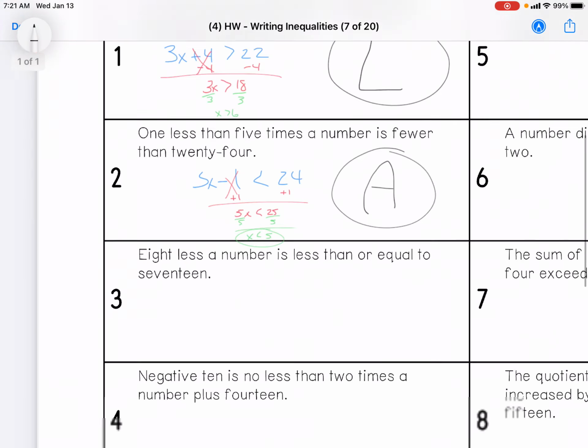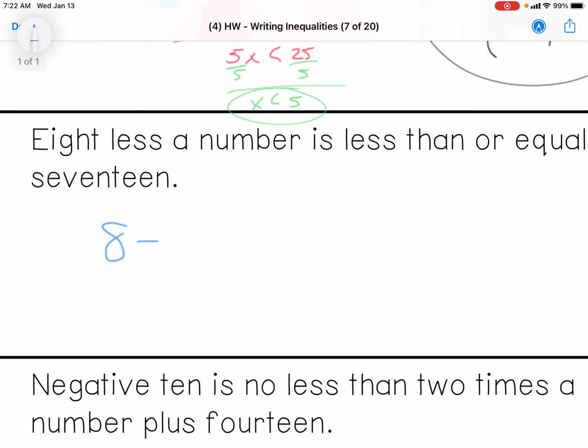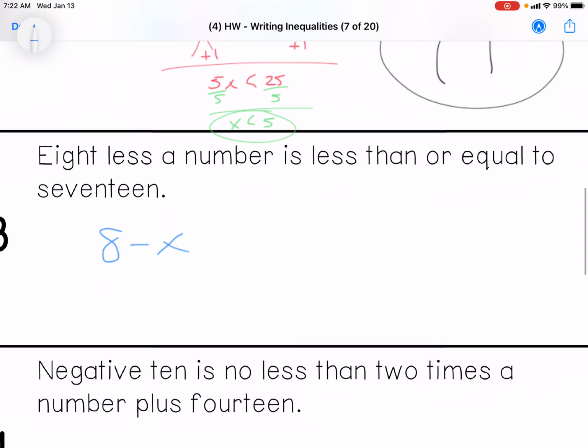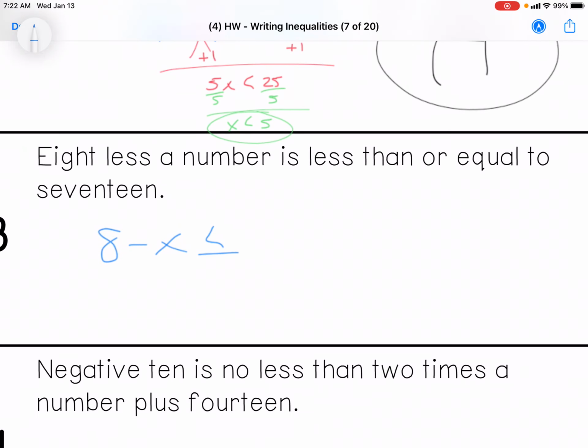There you go. 8 less a number. Not less than, 8 less. So that means 8 comes first, okay? If it's less than, then you flip the way they're saying to write them. So it's 8 minus a number is less than or equal to 17. So you're going to subtract 8.